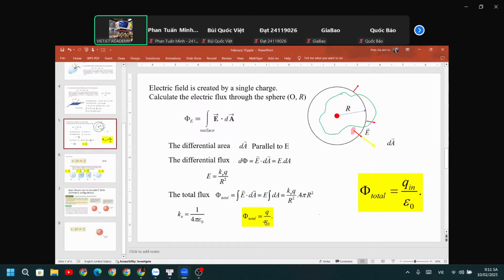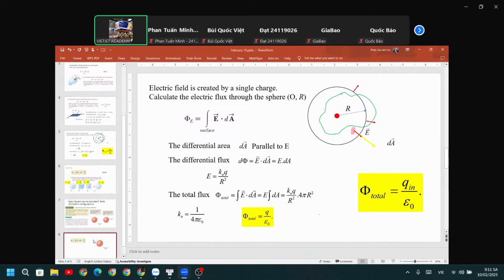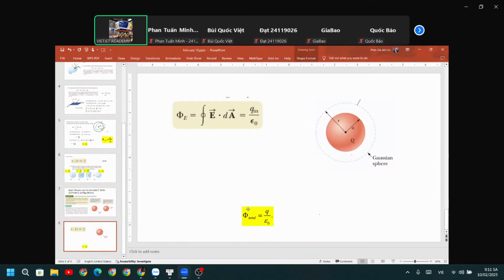And we know that there is only, someone write something here. Okay. The flux is Q over epsilon 0, but we have here the capital Q, so I write in capital Q. Right? We know it.